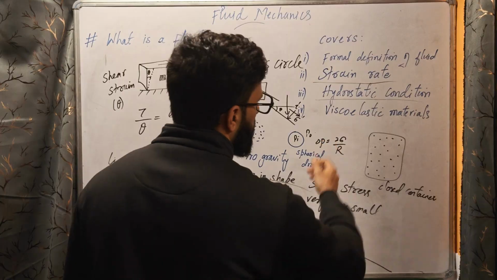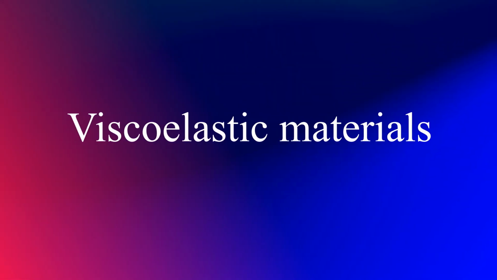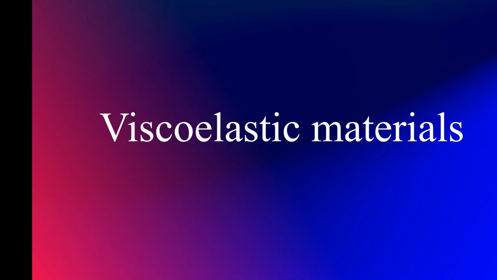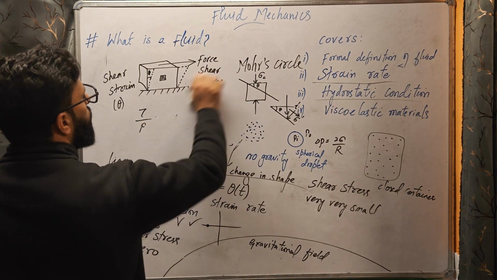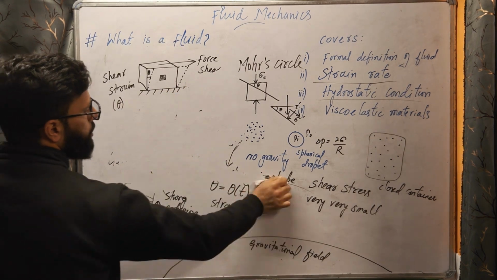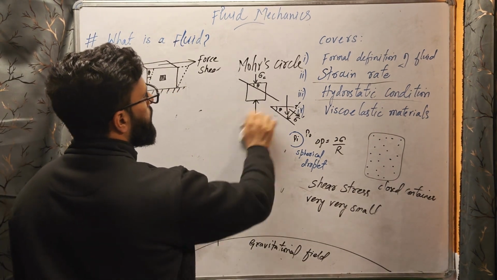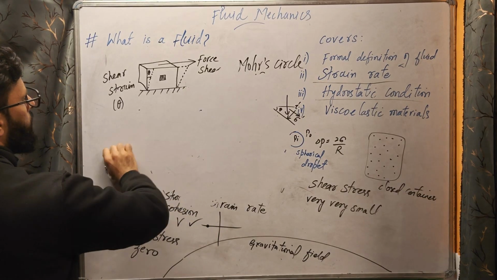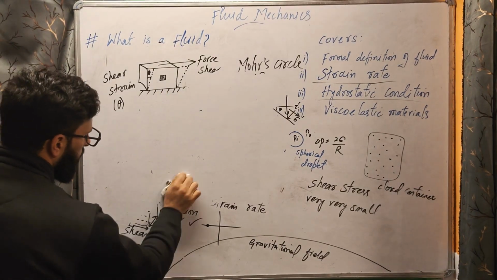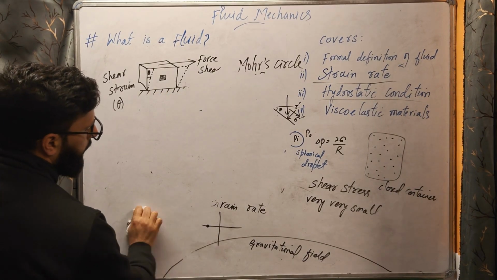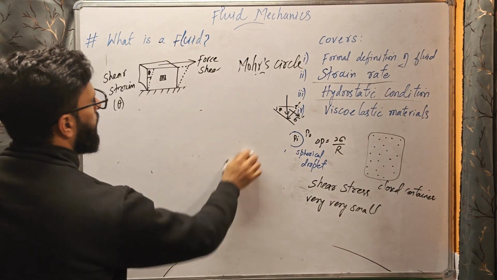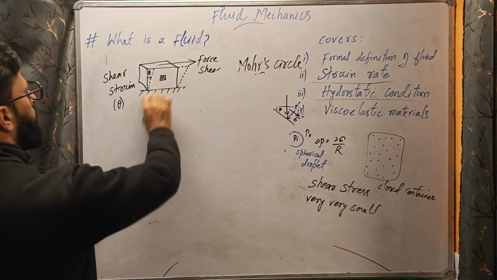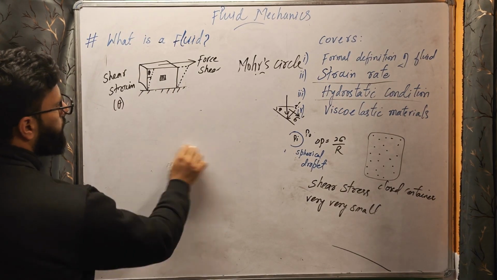Now next point is viscoelastic materials. What are viscoelastic materials? Now in engineering, what we study is basically substances that are purely liquids or purely gases or purely solids, like water, like metals, like air.